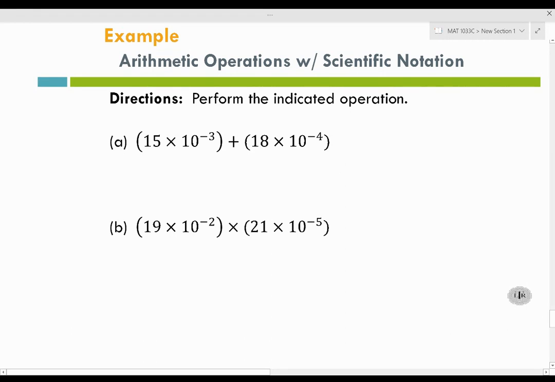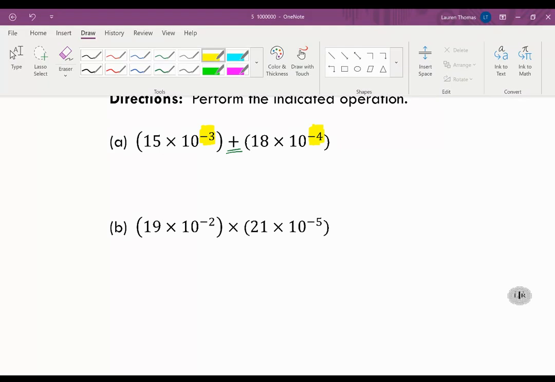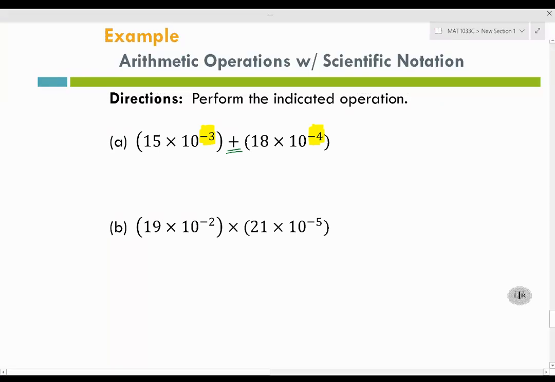So let's see. The first thing we're going to do is check our operation. In this problem, we are adding, which means that our powers need to be the same before we start. So it doesn't matter which one I fix. Let's say I fix the second one. The exponent on the first one is -3. The exponent on the second one is -4. So I'm going to fix the second number.